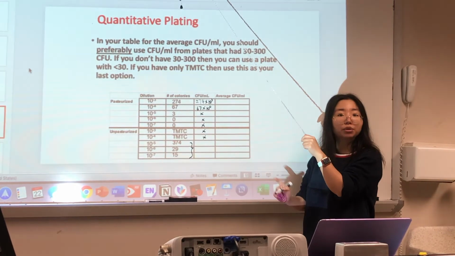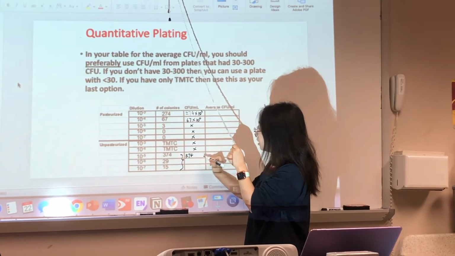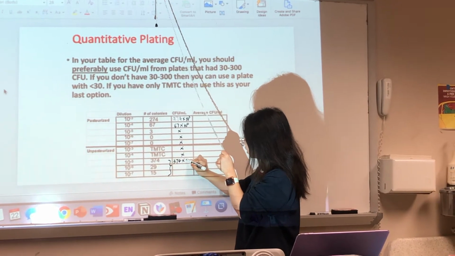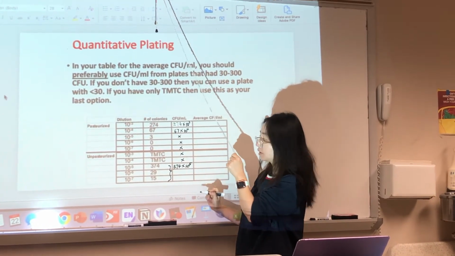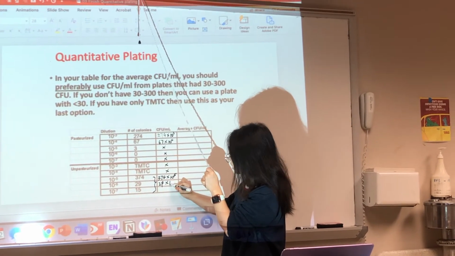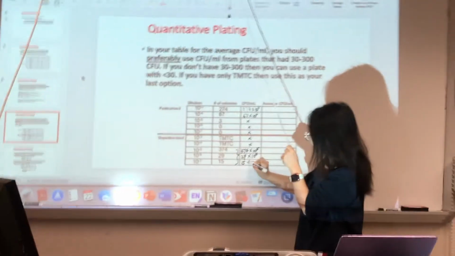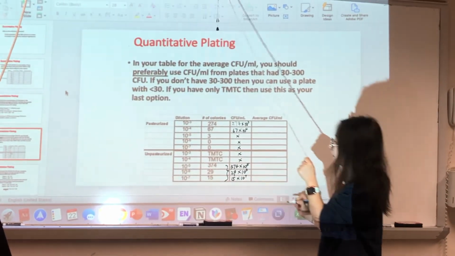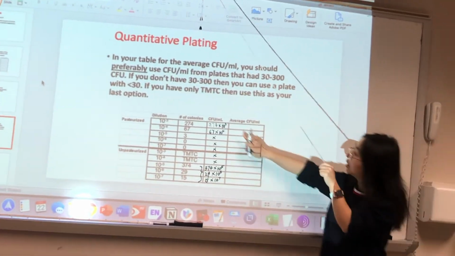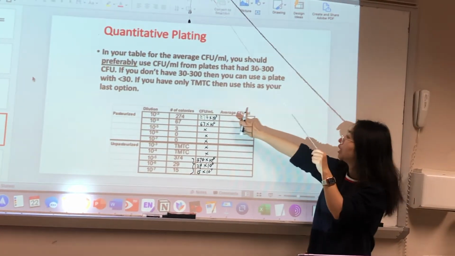I'm directly using this 3 to do the calculation, 10 to the 5th, and this one would be 10 to the 6th. This one would be 15 multiplied by 10 to the 7th. So after I finish filling this column, I'm going to get the average.